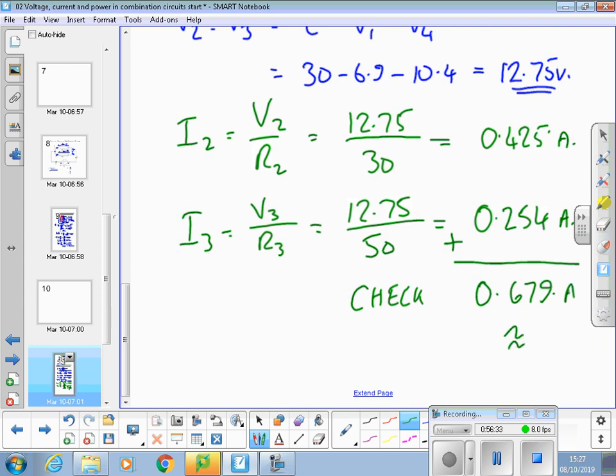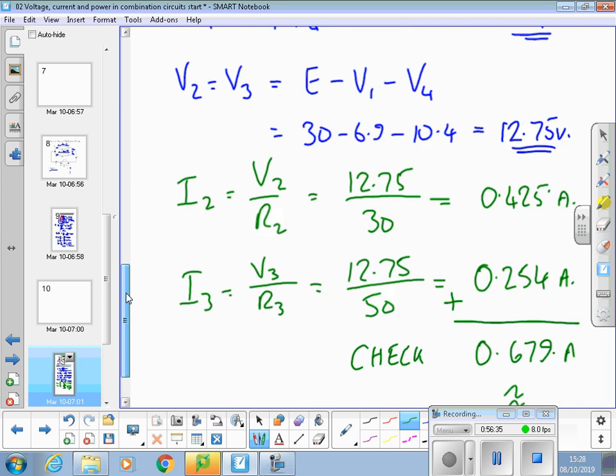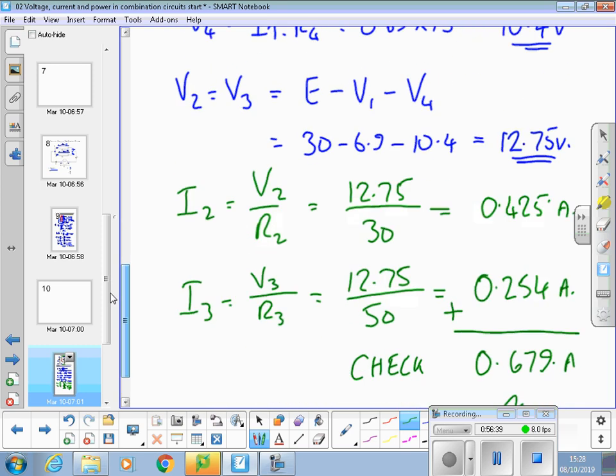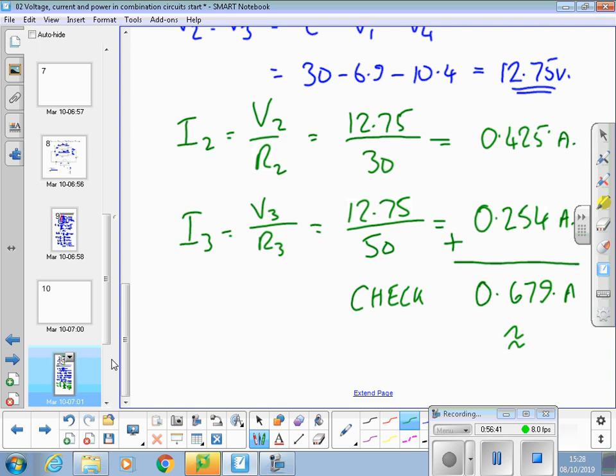And that's approximately equal to what we calculated for the total current in the first place, 0.69. Yeah. So we've done several bits of rounding and fiddling about there, so you wouldn't expect them to be exactly the same, but they're in the same ballpark. If you carried it all through and didn't round anything, it would be exactly the same.